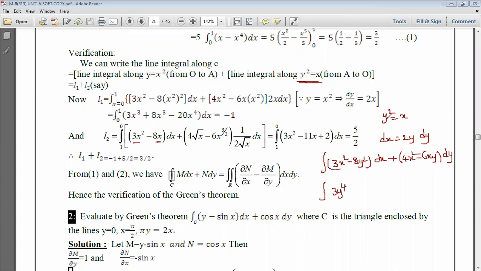So y square whole square is y power 4, minus 8 into y square and y square as it is, because I am going to convert dx as 2y dy, and next 4 into x square is y power 4, and minus 6x, x is y square into y cube, whole dy. And now the limits of this one are 1 to 0. Please take care of that in this case.